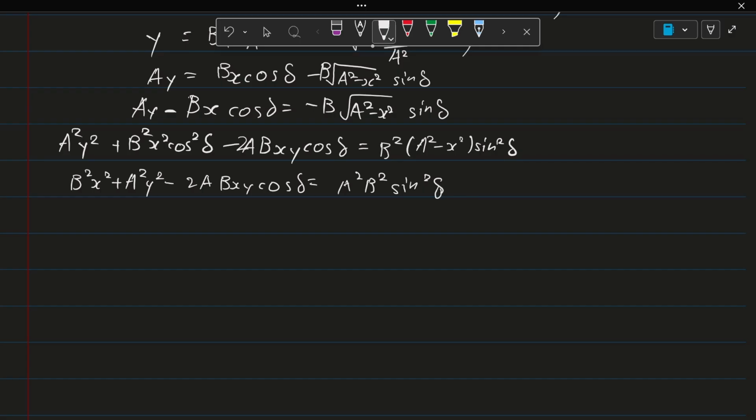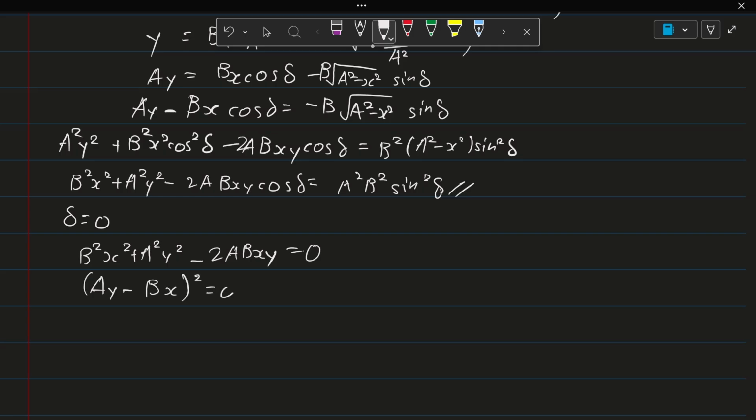So it might seem to be something very weird, but try to notice this. If delta is 0, what you would get instead is b squared x squared plus a squared y squared minus 2abxy equaling 0. This would just become (ay minus bx) squared equaling 0.